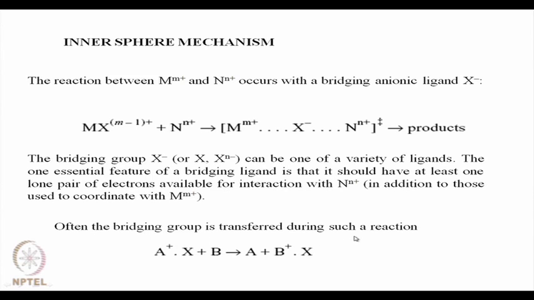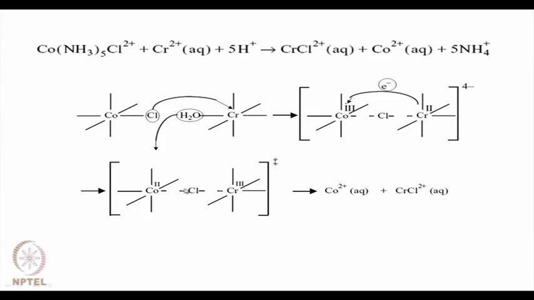Here, the bridging group was initially associated with cobalt and is now part of chromium. So the bridging group is transferred from cobalt to chromium along with the electron transfer, which results in a redox between cobalt 3 and chromium 2, giving rise to cobalt 2 and chromium 3.